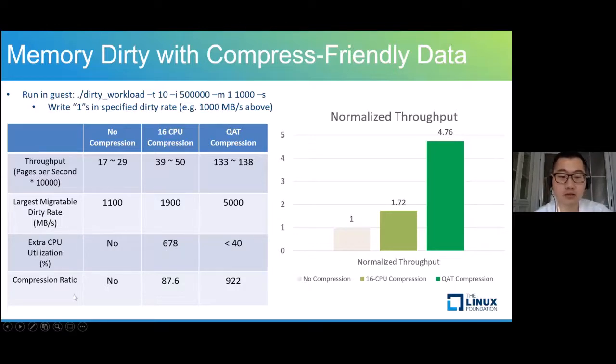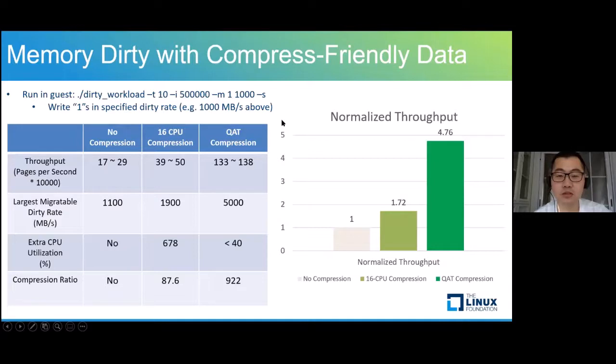For the compression ratio, you can see that the QAT compression has a higher ratio than the CPU zlib compression. The compression algorithm we use here is the same, but the compression ratio is different. This is because of the multi-page compression. For this workload, it writes all ones to the memory.